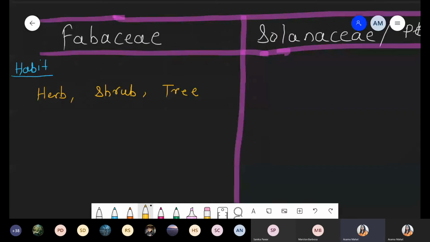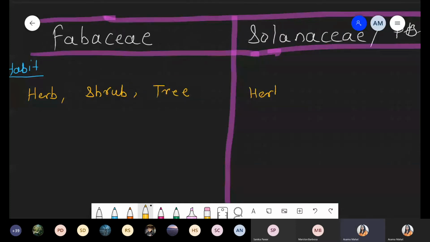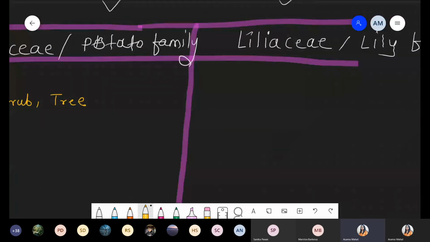For the Solanaceae, same as it is, herb भी present होगा, shrub also there, as well as we can observe the trees also. But when we are talking about Liliaceae family, they are showing perennial growth, slow growth, prolonged growth.